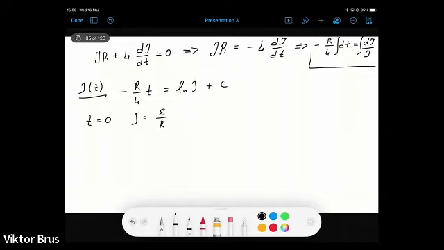From here, we can write that our constant is equal to the natural logarithm of this current at time equals 0. So it will be the natural logarithm of epsilon divided by R.